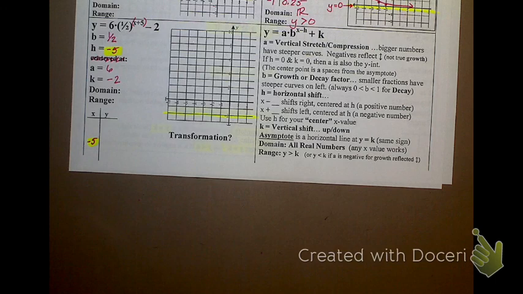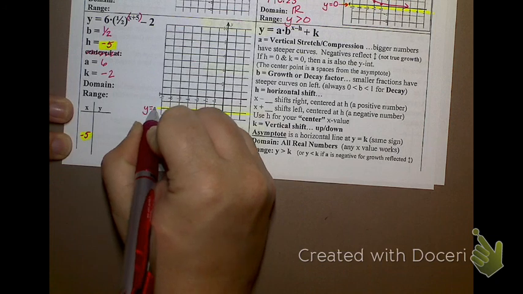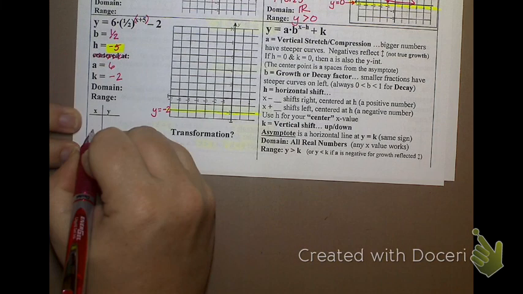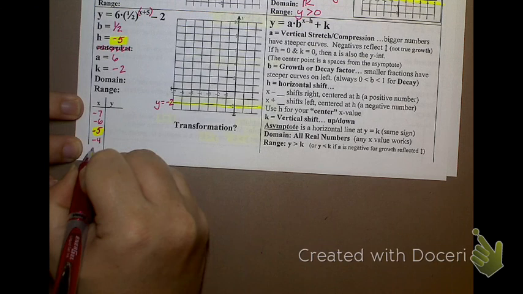Yes? Okay. Let's see. What's the equation of that asymptote? Y equals negative 2. And let's go ahead and fill in some values around. I have negative 6 and negative 7 one way, negative 4 and negative 3 the other way.